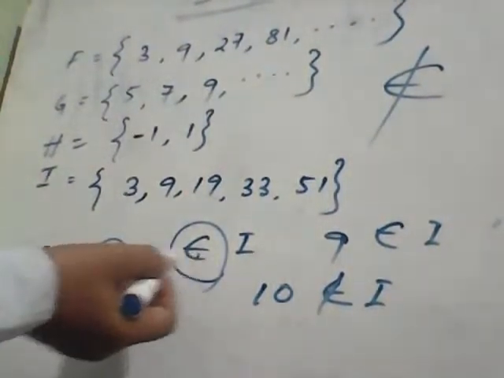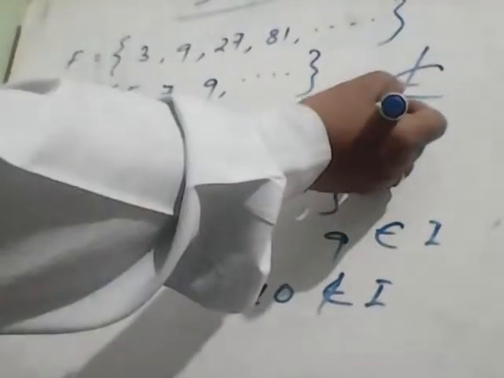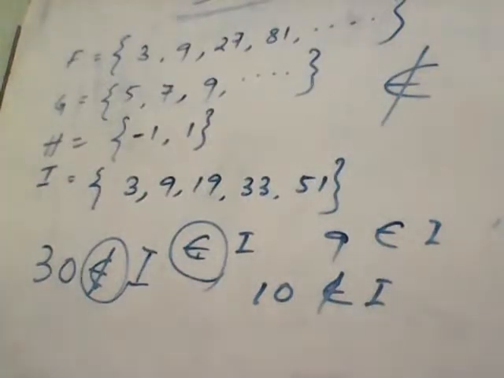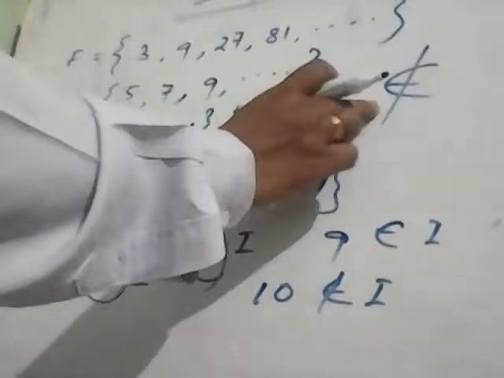That way we use these two symbols, belongs to and does not belong to.